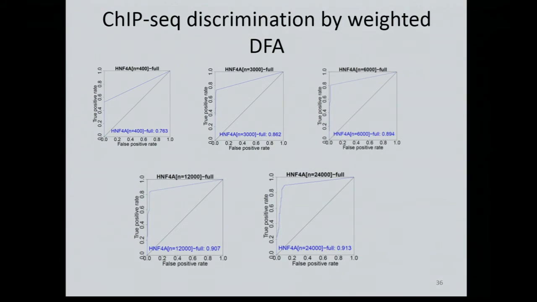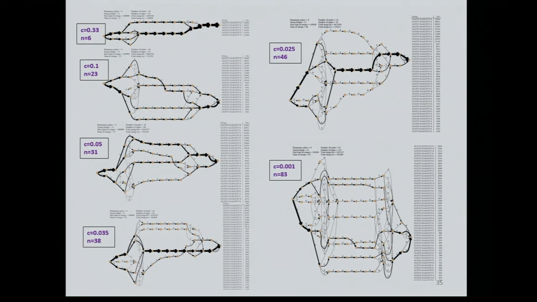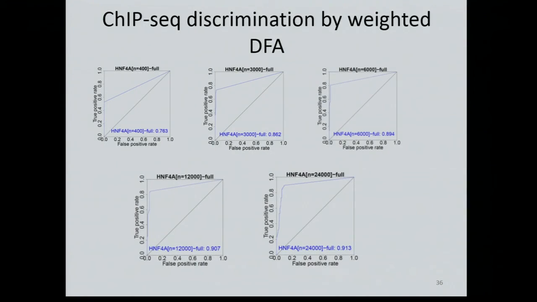But this needed to go to much larger automata than what I have here. The n gives how many strings were represented there. So here I get 0.9-something as a ROC curve, but it was already 24,000 strings represented. So it is a large automaton and totally unintuitive to see.